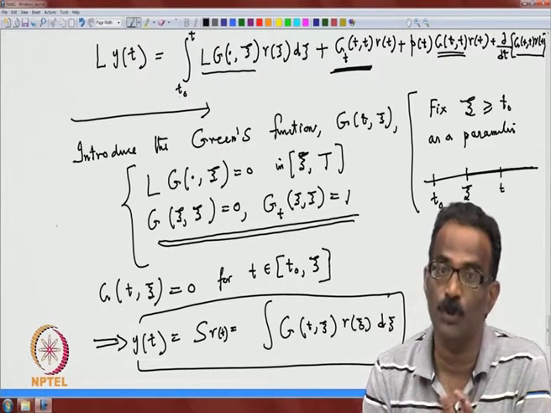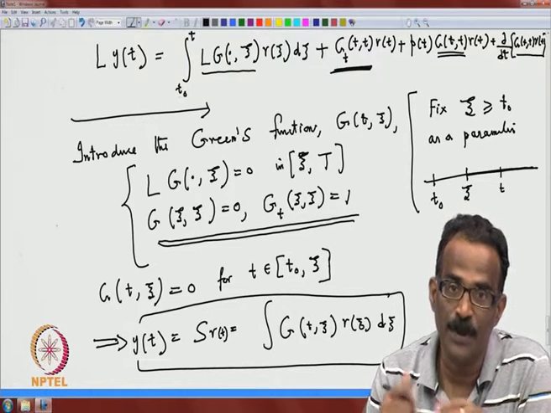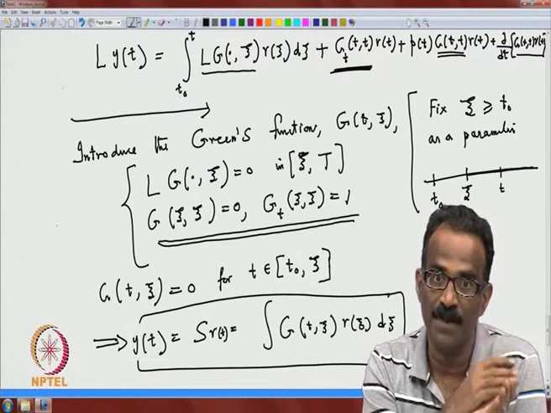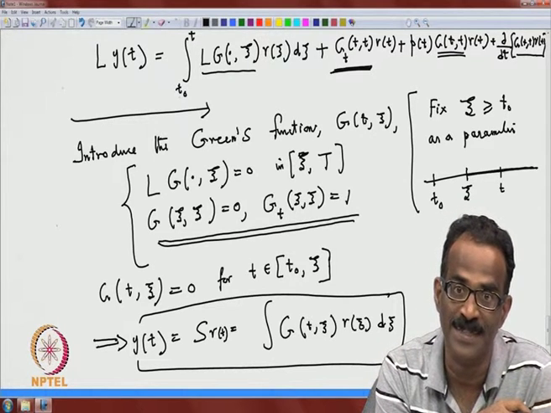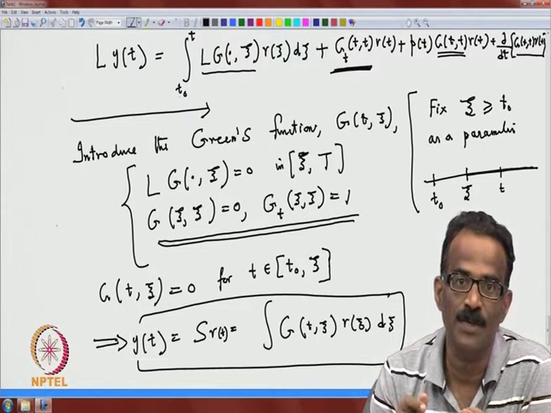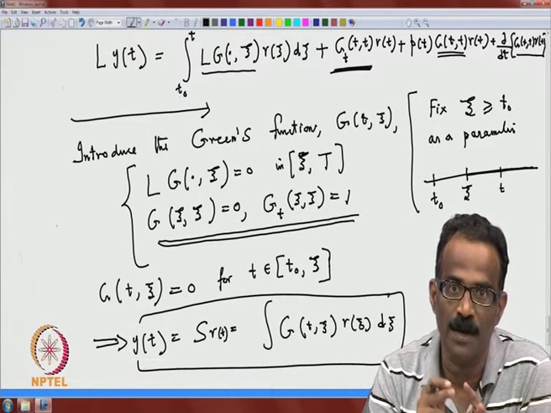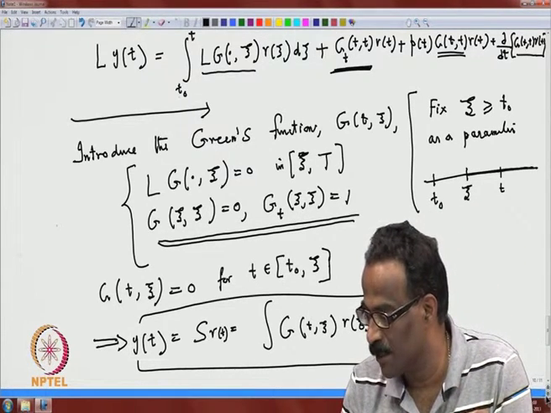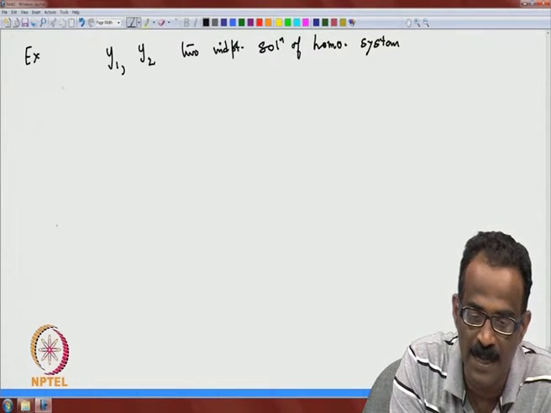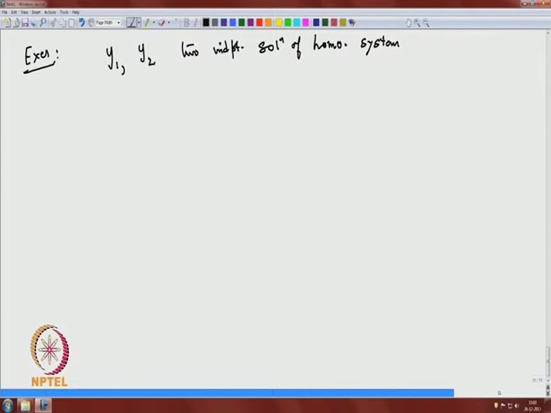So, even the solutions can be computed using the variation of parameters, exactly as we did for the non-homogeneous system, using the two independent solutions. I will leave it as a simple exercise. You can do that one.